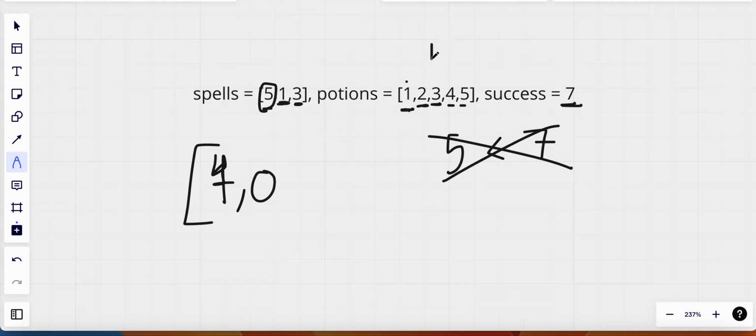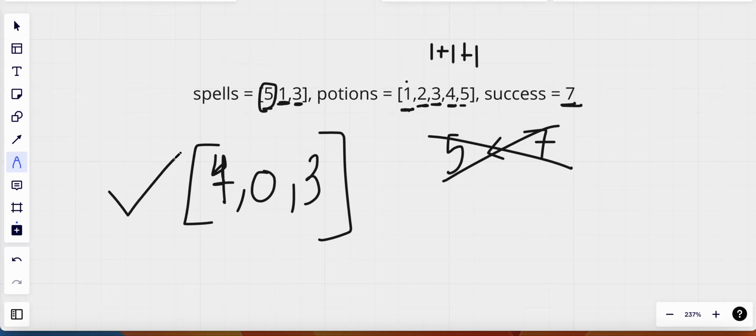So now our count is equal to 1, 3 times 4 is also greater than 7, so our count increases by 1, and 3 times 5 is also greater than 7, so now our count is equal to 3, right? So this is the array that we need to return.